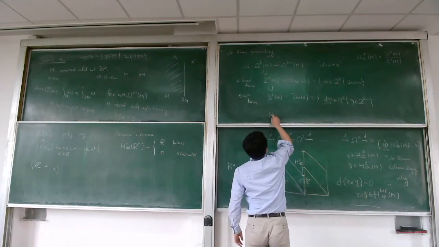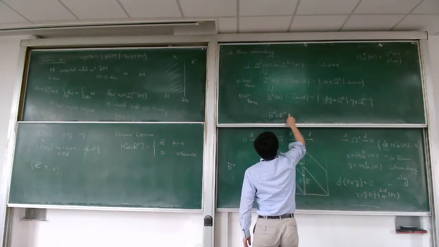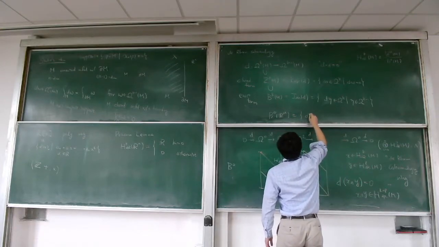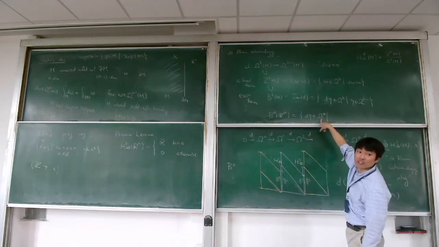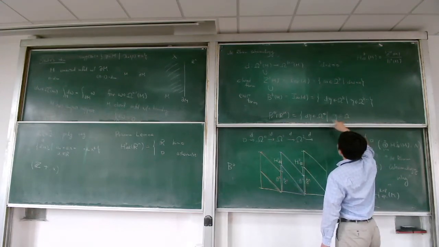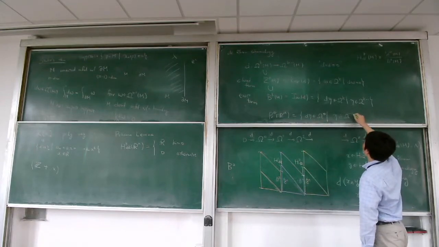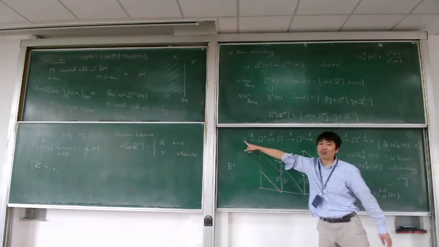So B0 of R^n is just some form omega 0, where omega 0 is just a function, which is the differential of some function omega minus 1. Omega minus 1 is just 0.